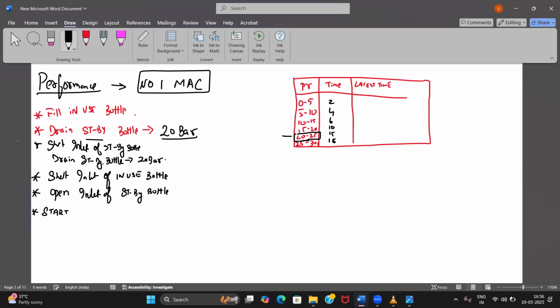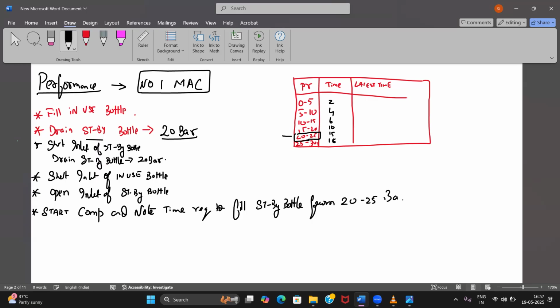Start the compressor and note the time required to fill the standby bottle from 20 to 25 bar, and check with the manual according to the shop trial test reports.